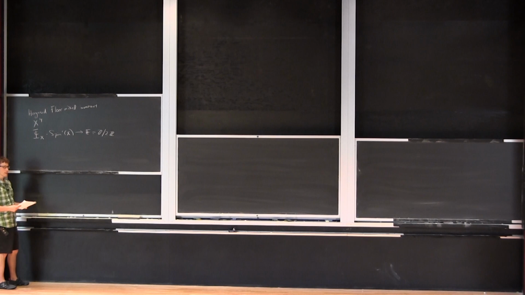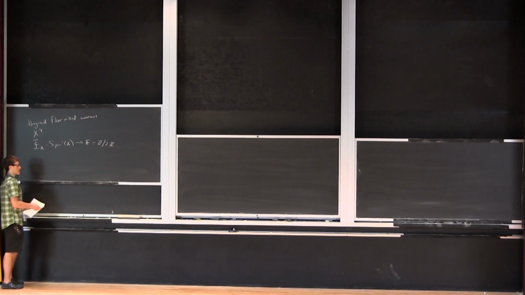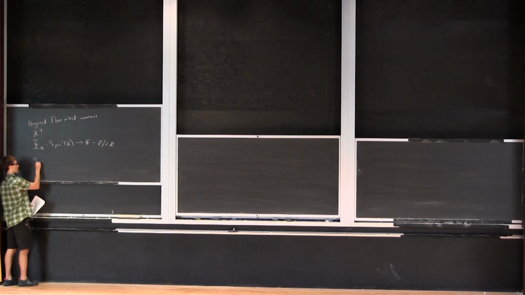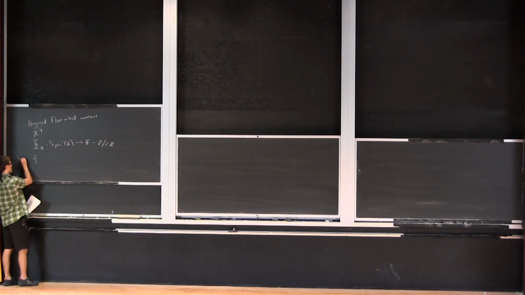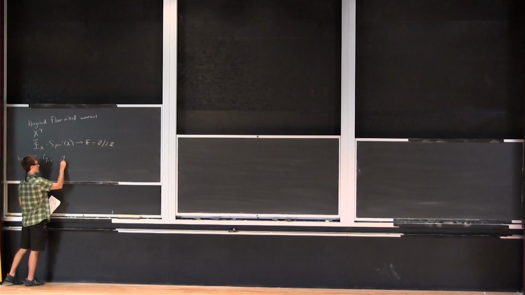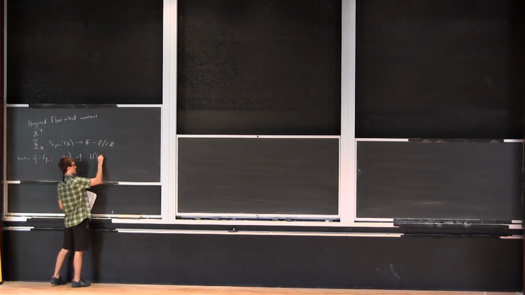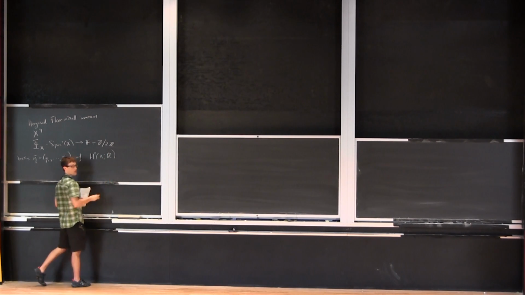It's convenient algebraically to encode this into a polynomial. So what we can do is pick a basis eta 1 through eta n of H^2 of X with R coefficients.